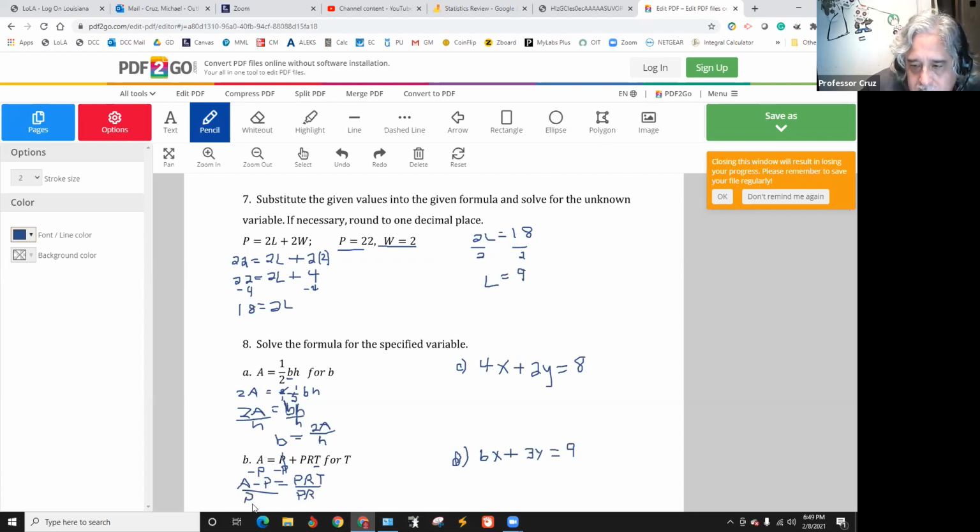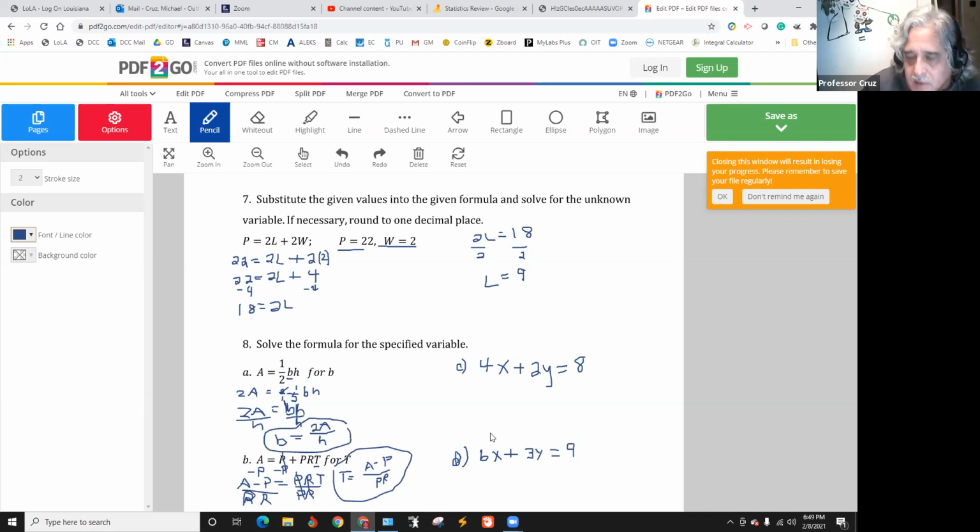So on this side, PR, and then these are gone. So it ends up being T is equal to A minus P over PR. So that's solved. Both of those are solved.